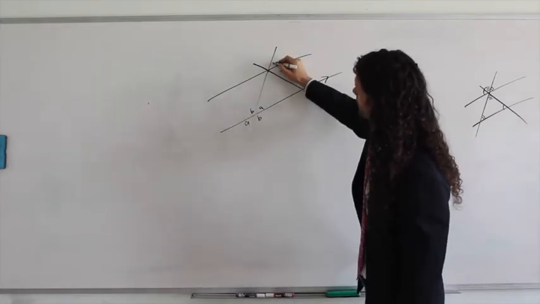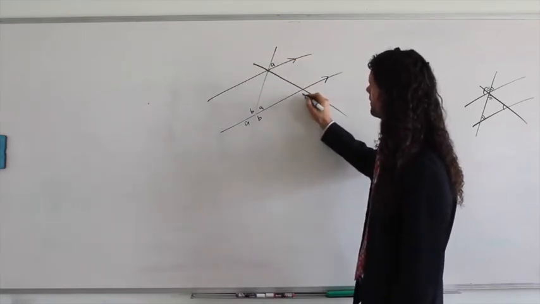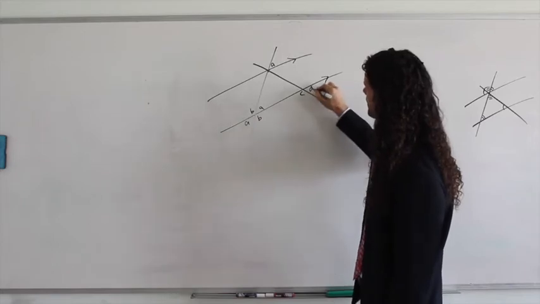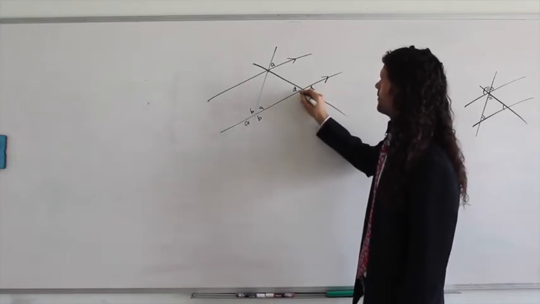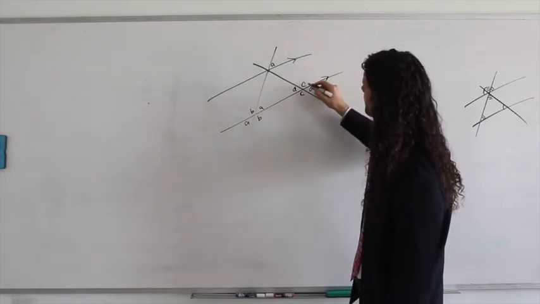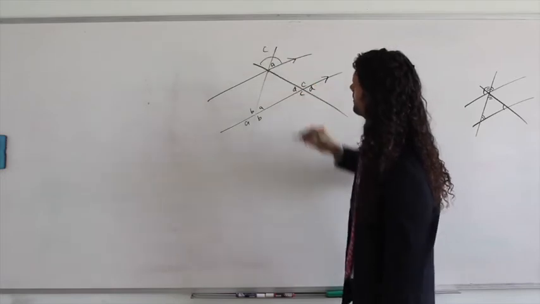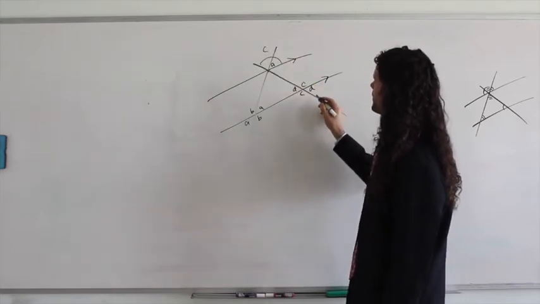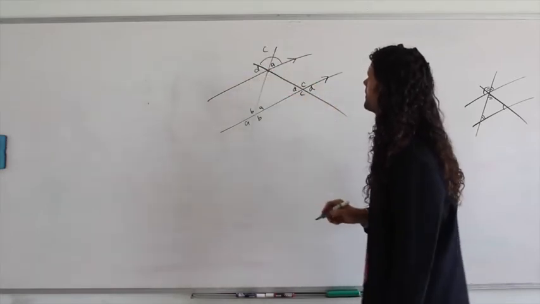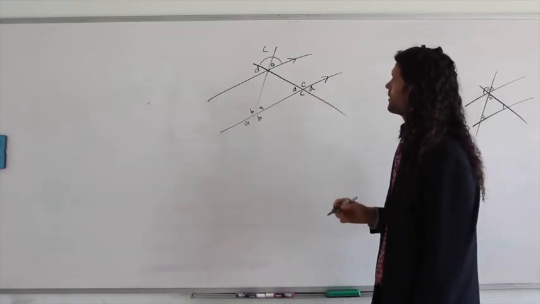We also know this over here is A. And then let's call this one C and this one D. And so then we know that's D and that's C. We also know that this larger angle here is C, and we know that this is D. So C plus D, of course, is supplementary.